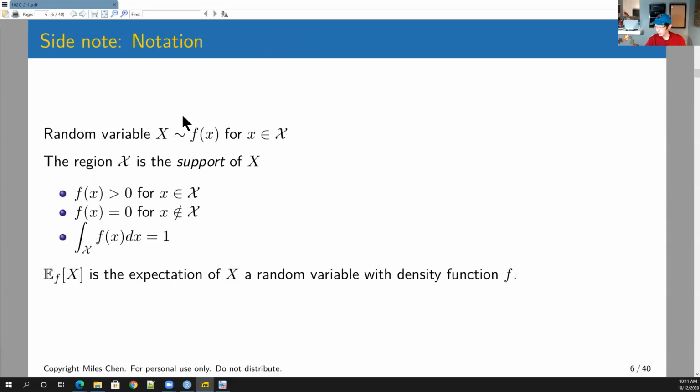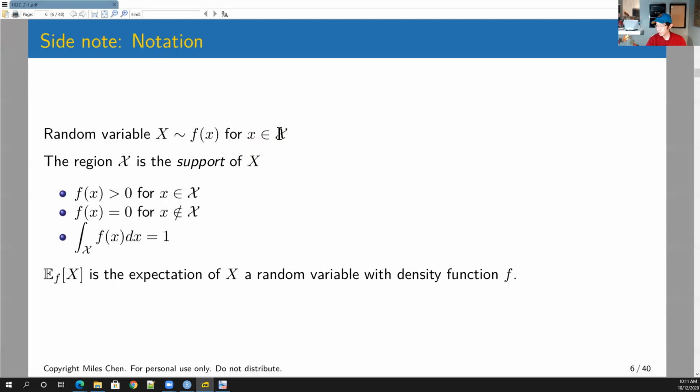All right, so a little bit more on notation. x is a random variable that comes from a distribution with this PDF f of x, for x being inside the domain or the support of x.